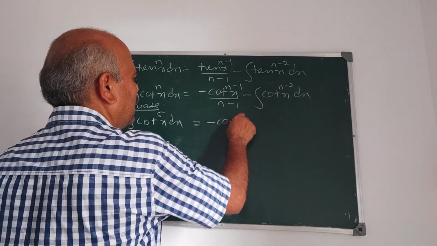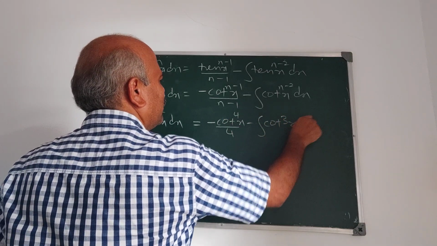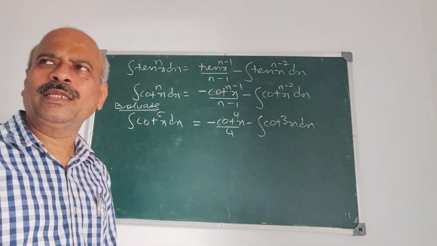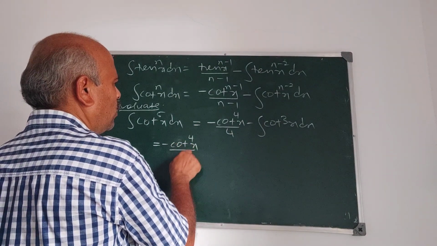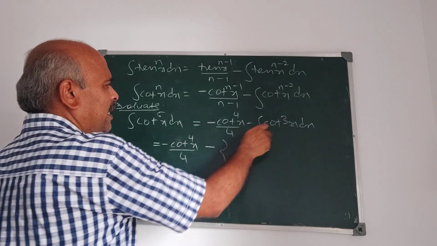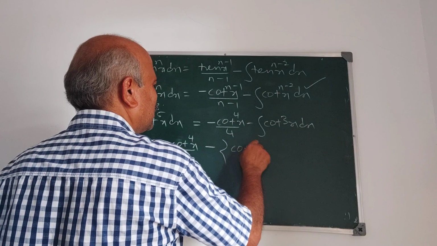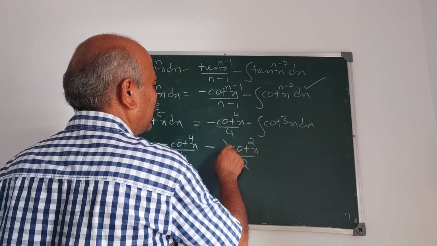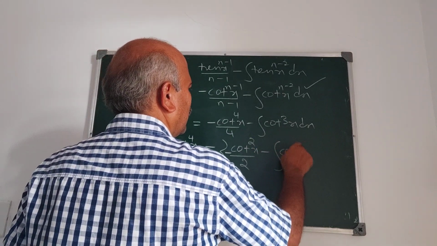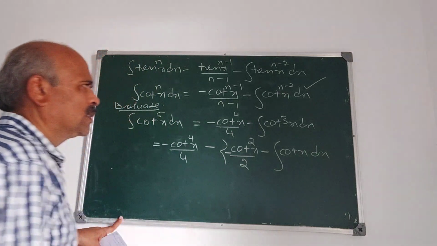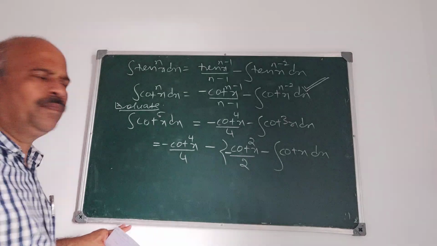What is the formula? How do you apply it? Integral cot x raised to 5 is cot x raised to 4 by 4 minus integral cot cube x with respect to x. Follow now how to apply the formula. It is therefore minus cot x raised to 4 upon 4 minus, again in this formula you have to substitute n as 3: cot x raised to 2 upon 2 minus integral cot x with respect to x, because n minus 2, with n being 3.